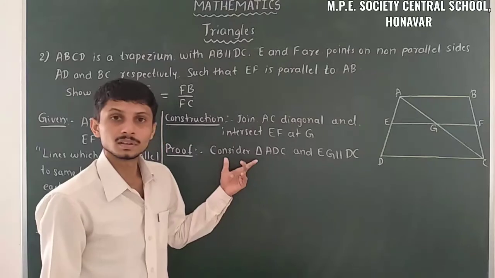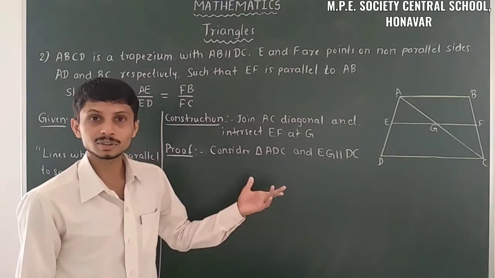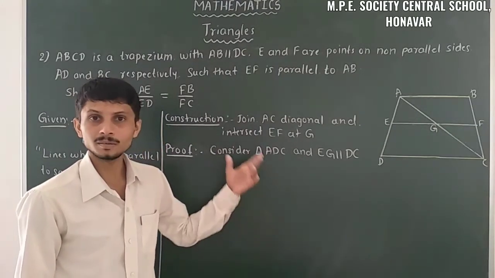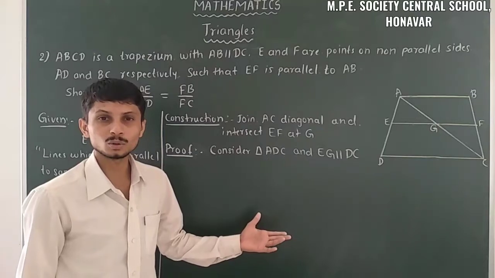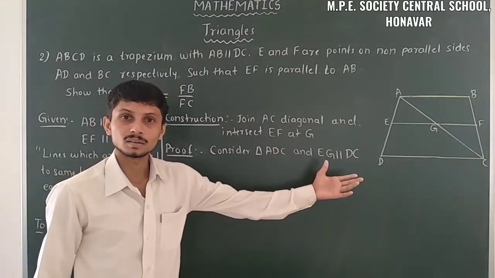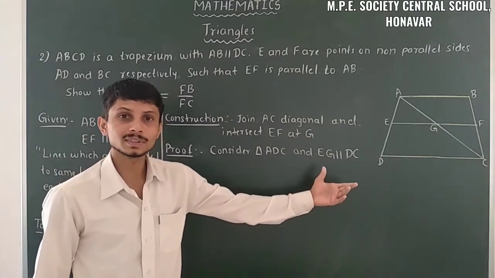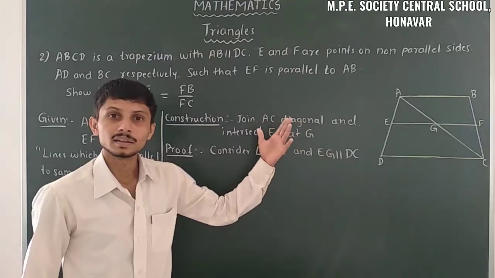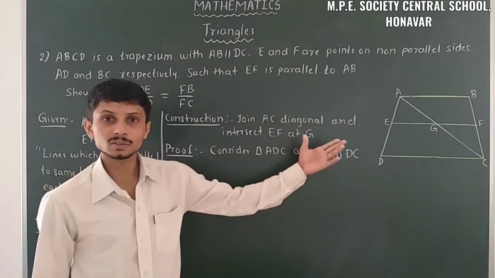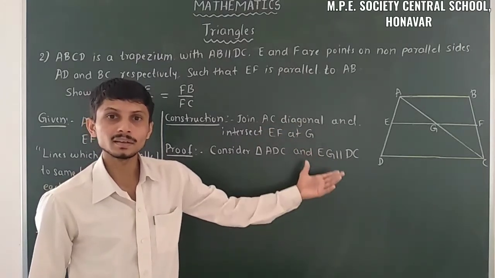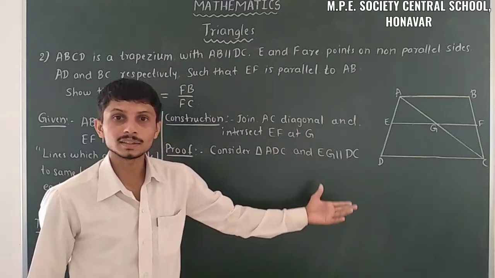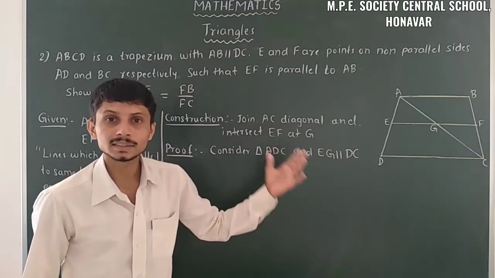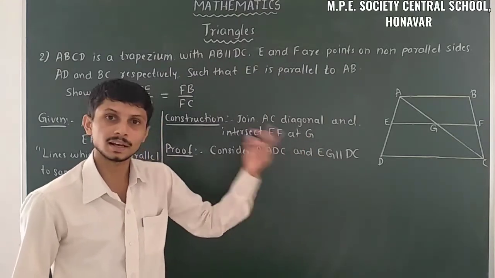So let us take theorem 6.1. That is, if a line is drawn parallel to any one of the sides of a triangle intersecting the other two sides at two different points, then those other sides are divided in the same ratio. Yes, already we know that.